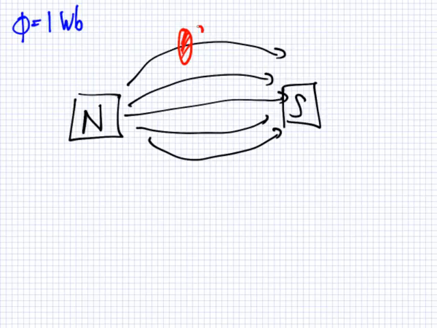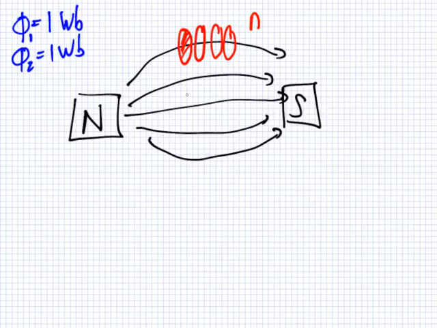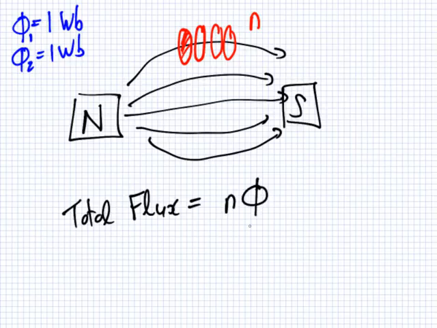If I stick another region here, which is exactly the same, this one also has 1 Weber. So the first one is 1 Weber, and the second one is also 1 Weber. Let's imagine I have n of these. The total flux will be n times the flux in one region, because they're all the same.